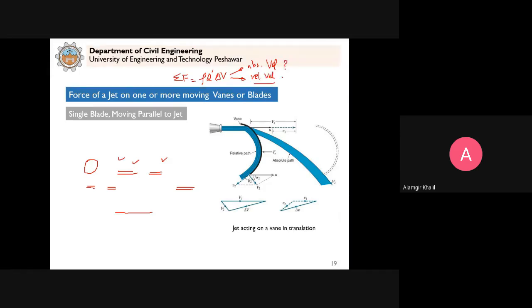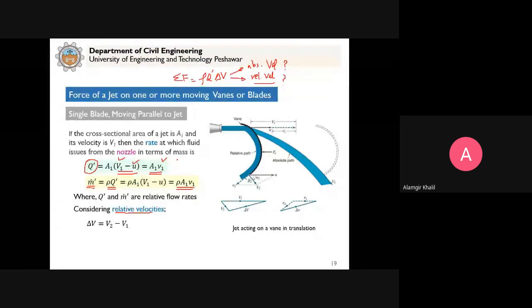Which one do you have to consider? So it says that in the u direction, the change of absolute velocity, this is a very simple proof.